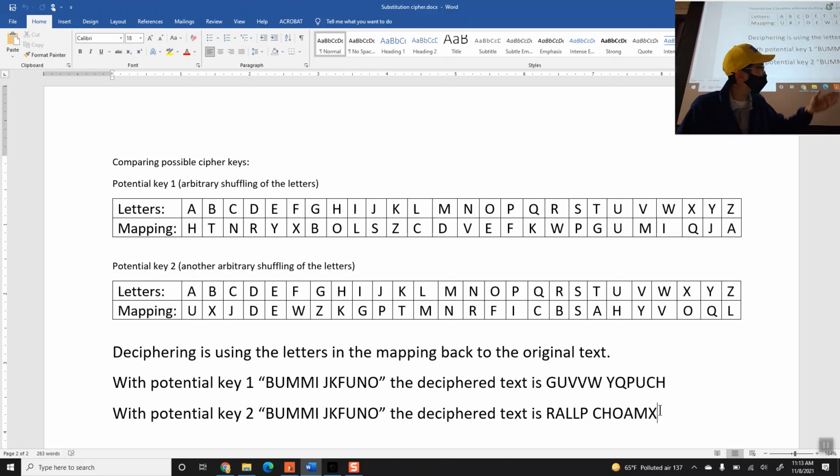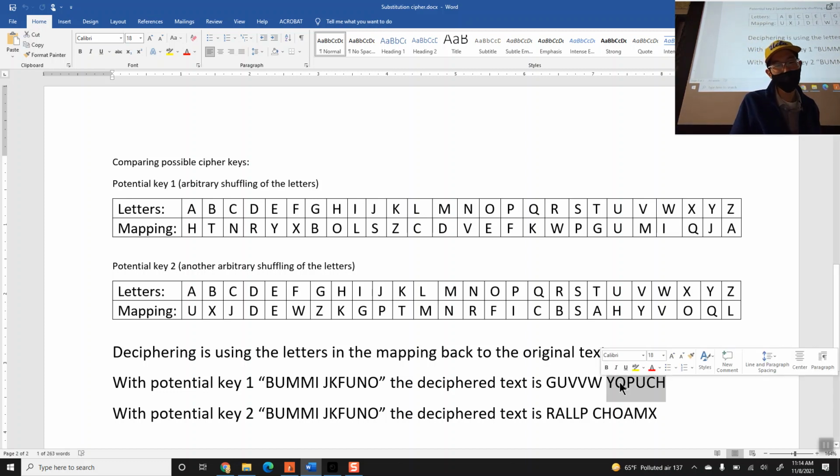I don't think this is the original message, but it seems closer to it than the first key. What is it about it that you see? I think the proportion of each character. Yes, we only have a few characters, but we're looking at the proportion of the characters. Both of these have odd characters, the Q and the X.